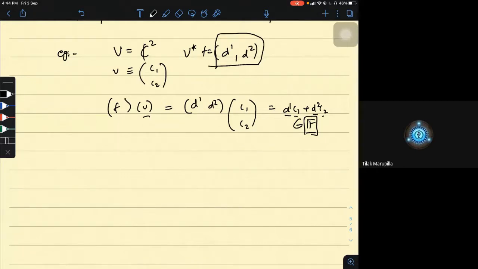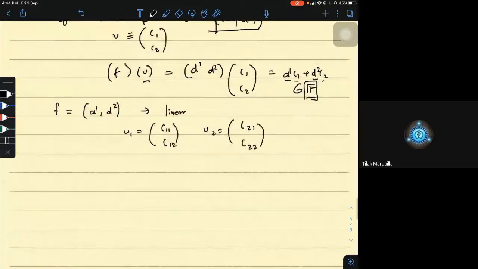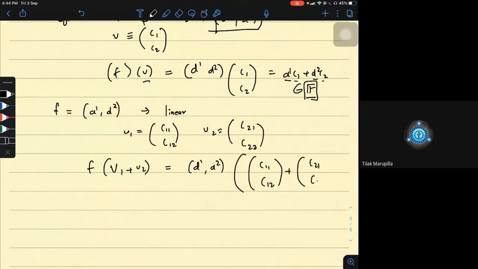So you can see that one interesting thing over here is the function f, which is given by d1, d2. It is linear. As in, what I can do is say I have v1 is equal to some c11, c12, and v2 is some c21, c22. If I apply the function on v1 plus v2, this is basically d1, d2 times c11, c12 plus c21, c22.